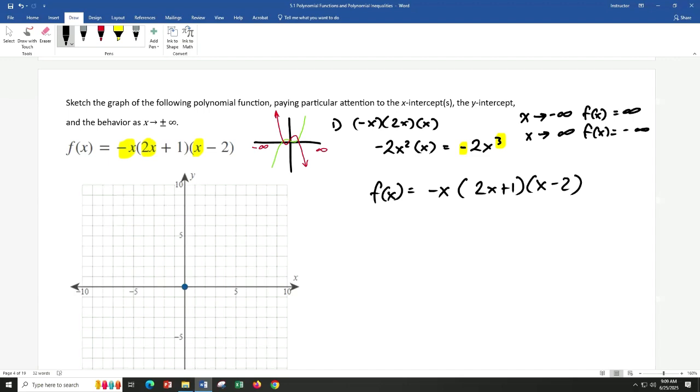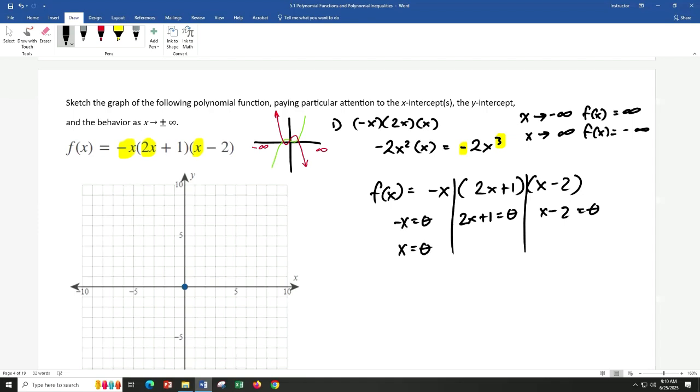Hey, aren't you solving again? That's why we make these things equal to what? 0. Negative x is equal to 0. 2x plus 1 is equal to 0. x minus 2 is equal to 0. Well, doesn't this just go to x is equal to 0?